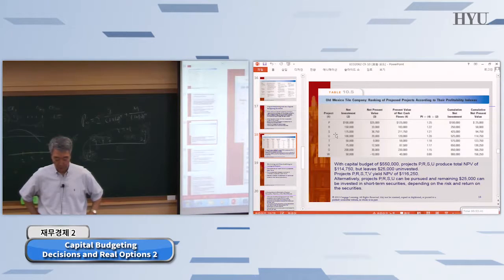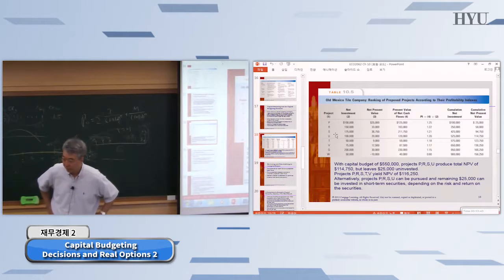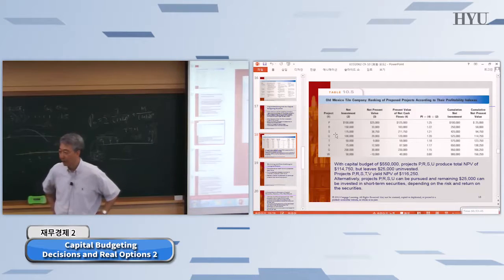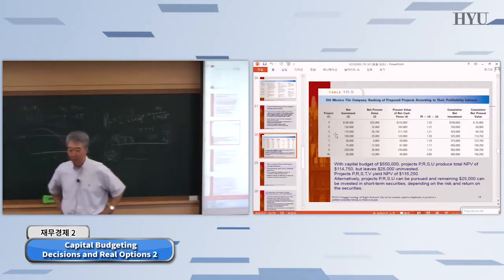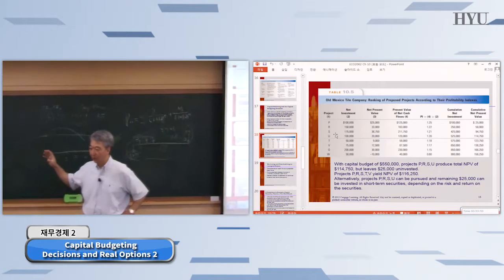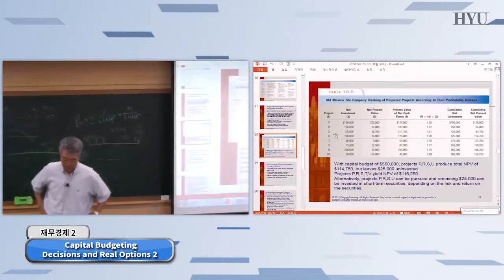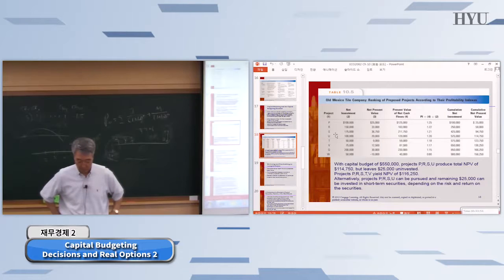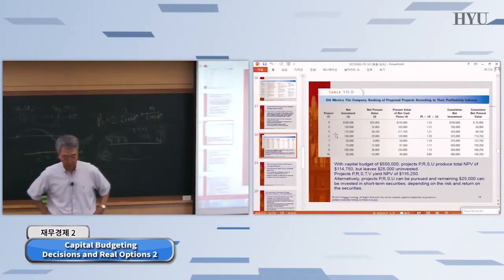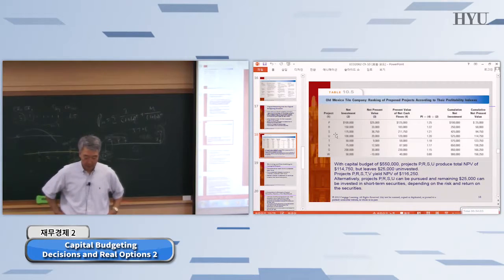PRSTV, you're going to have exactly $550,000 investment. And of course, this is our hypothetical example, to make the point, so they made the numbers work out perfectly. So instead of PRSU, if you give up U and take PRSTV, then you can afford 5 projects with the $550,000 investment.